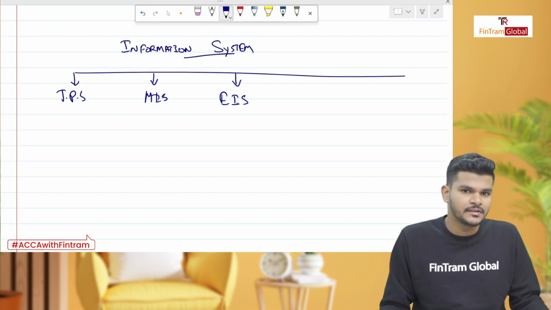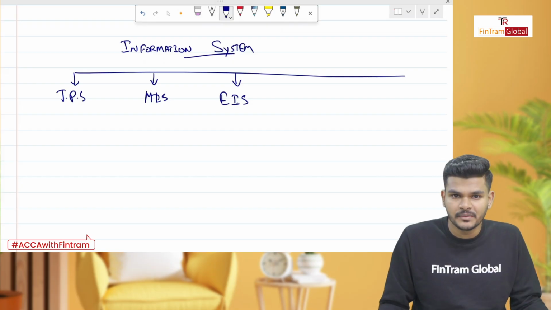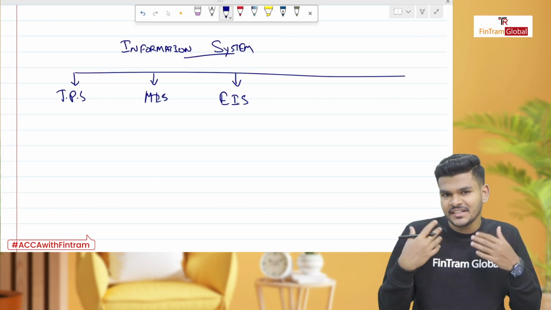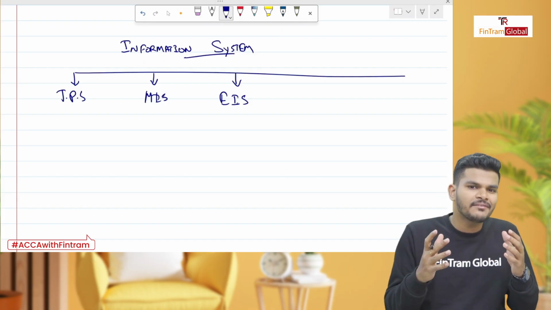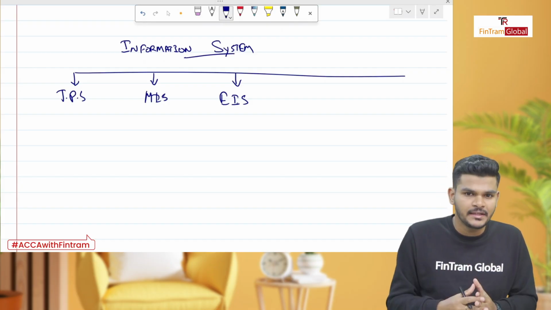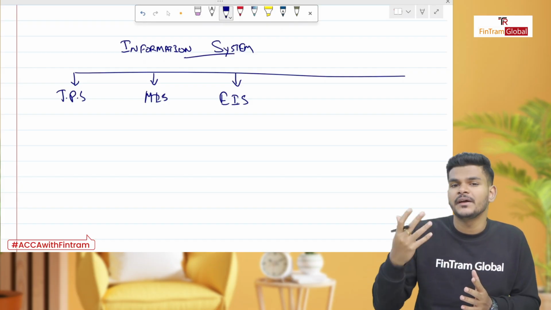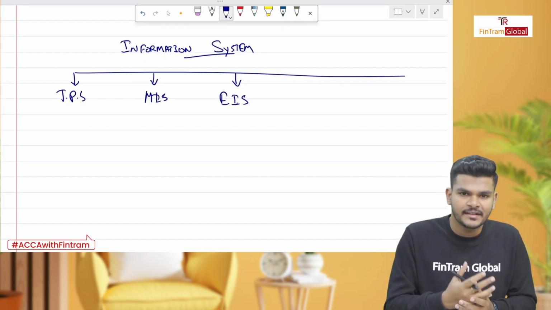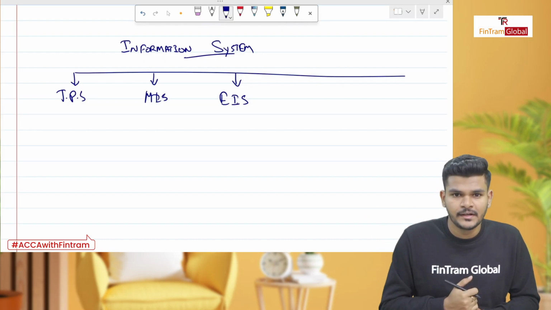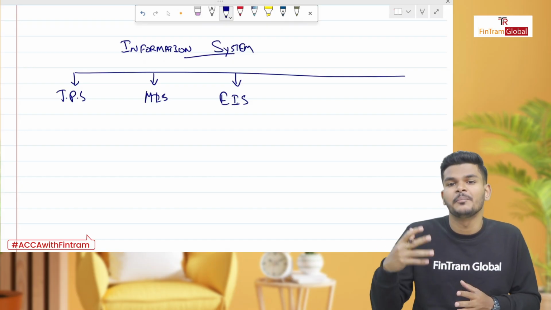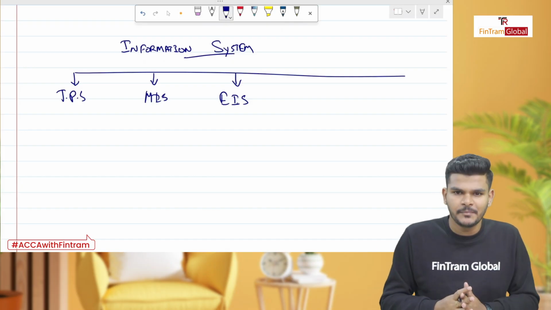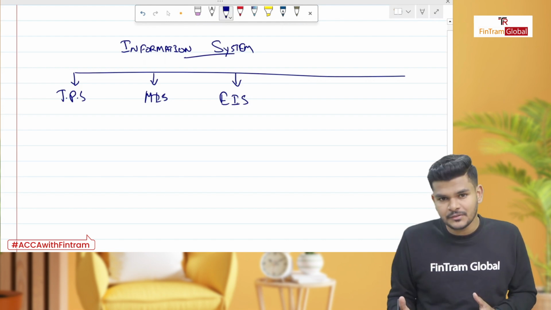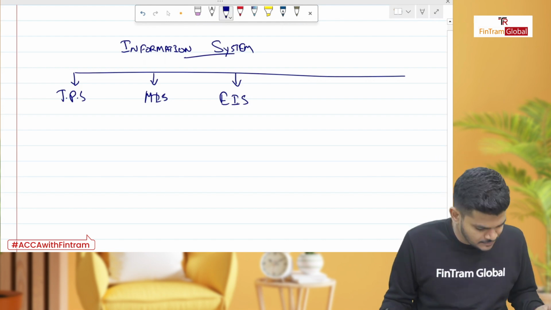Okay, folks, the CEOs, the CFOs, and all those board members. And why is that? Because at the strategic level, it's not just about having internal information about the company, but we also need some external information, such as how is the market going, what is our market share, what is the market size, what is the competition level, how is the business environment. All this information is also needed, and for that purpose, we have the executive information system.